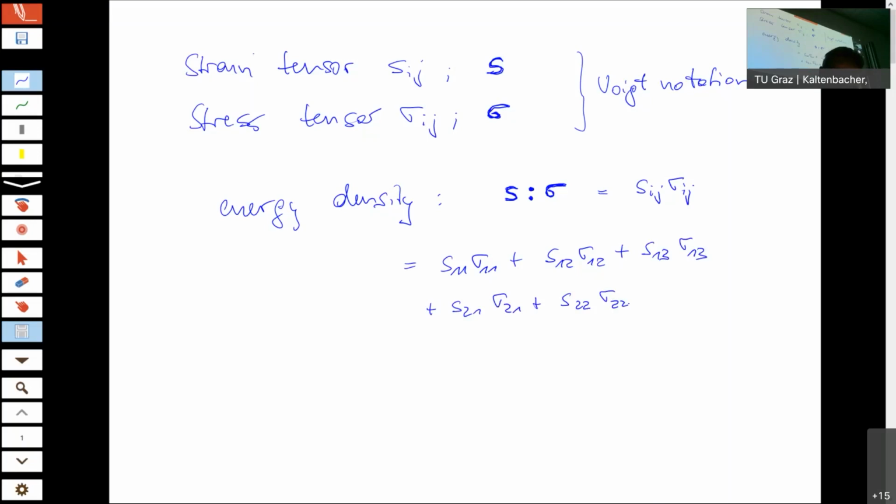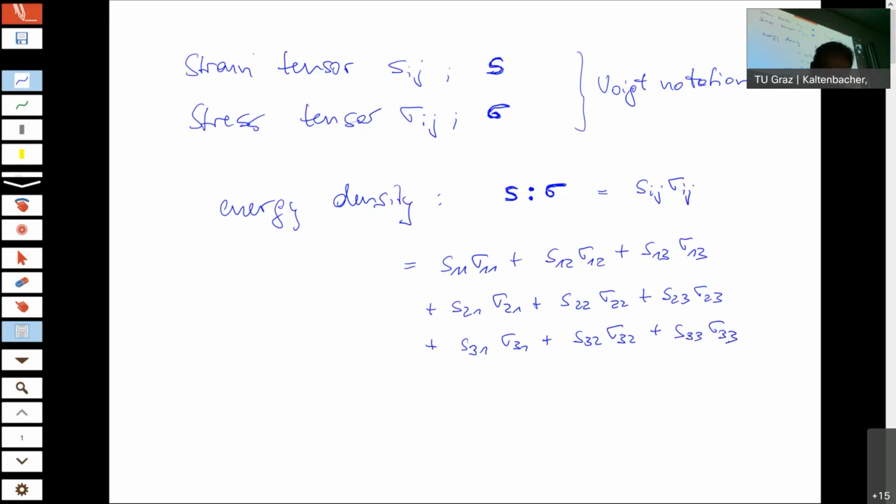So you see clearly the energy density is a scalar. It has to become a scalar. Plus S23 sigma 23. And our last line is S31 sigma 31 plus S32 sigma 32 plus S33 sigma 33.